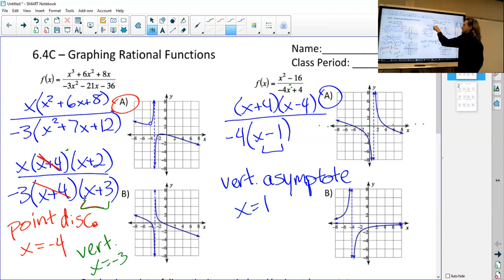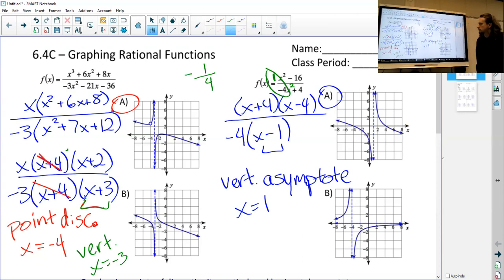And if they are the same degree, so if these were both x squared, remember you look at the leading coefficient for both, and so we would say this would have a horizontal asymptote at -1/4, which would be a little bit under the line. Okay, so that's how that works.